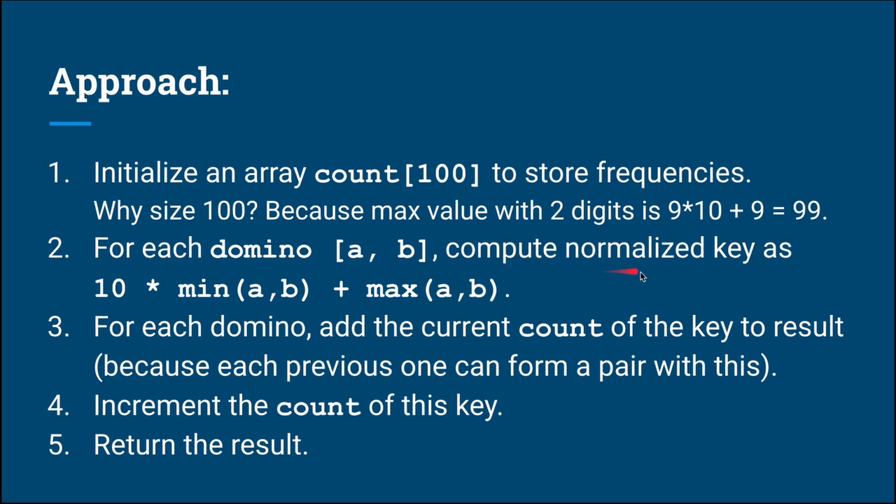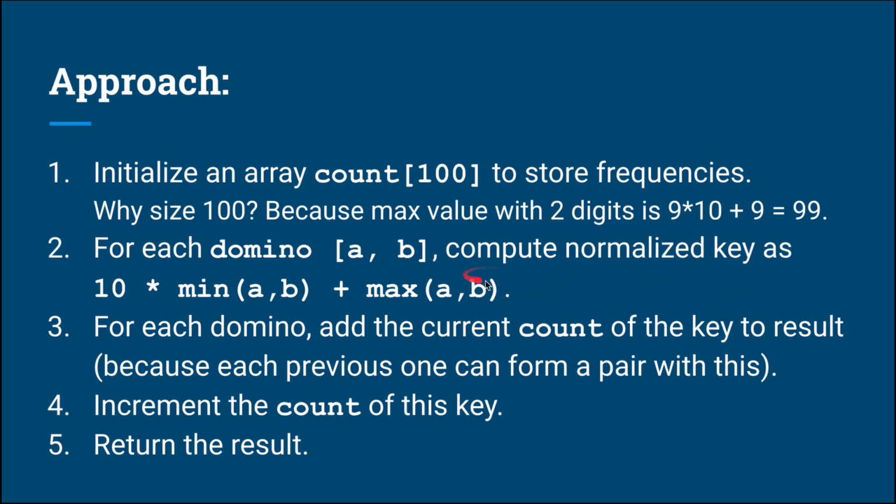So how do we compute the normalization? The normalized key is 10 into minimum of A and B plus max of A comma B. If you apply this formula, you will get the normalized key.